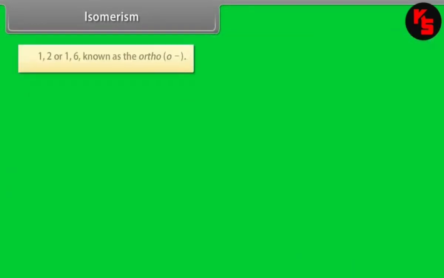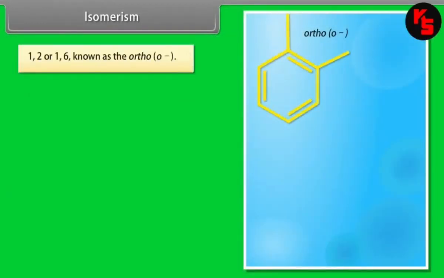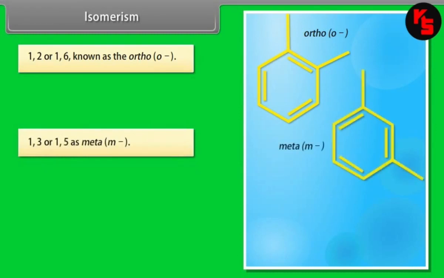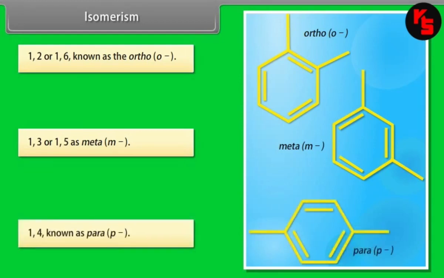First one is 1,2 or 1,6, known as the ortho. Second one is 1,3 or 1,5 as meta. And the third one is 1,4, known as para, disubstituted compounds.